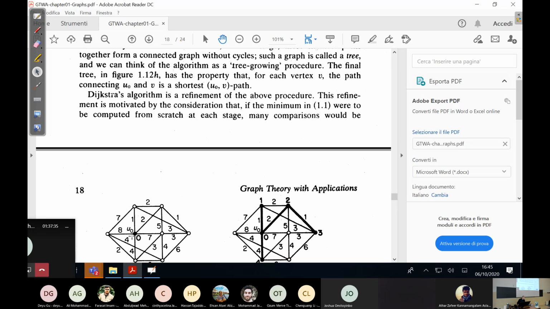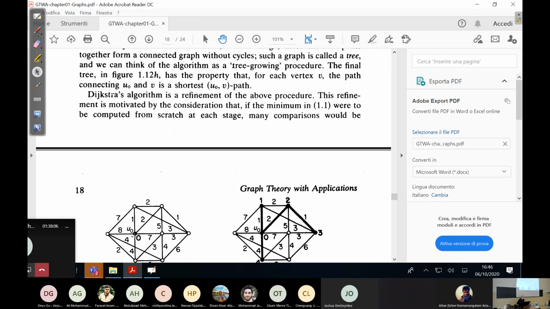If I want to go from here to here, even if I have just one edge, it's not the shortest path from here to here, because I have a shorter path through this edge. It doesn't look like that, but you must not rely on your eyes, but on your numbers. 4 plus 2 is less than 8. And so the shortest path from U0 to this is not the direct one, but this one.